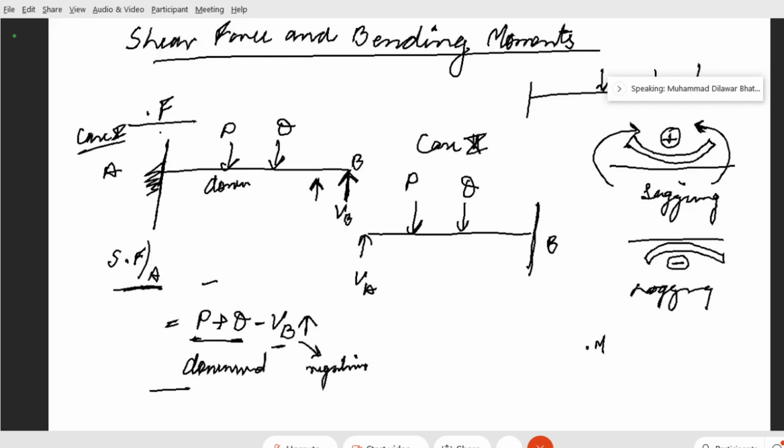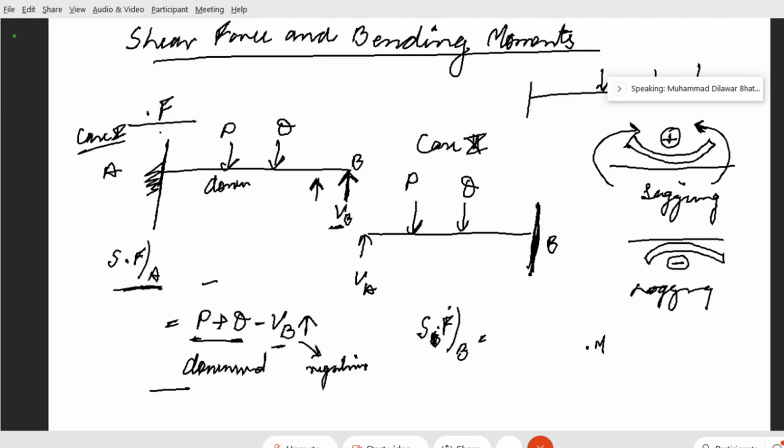And similarly, when the case is of the opposite nature, that means it's fixed at point B and free at point A, then if you have to calculate your shear force at point B, the signs will change. Certainly, signs are going to change because the directions have changed.